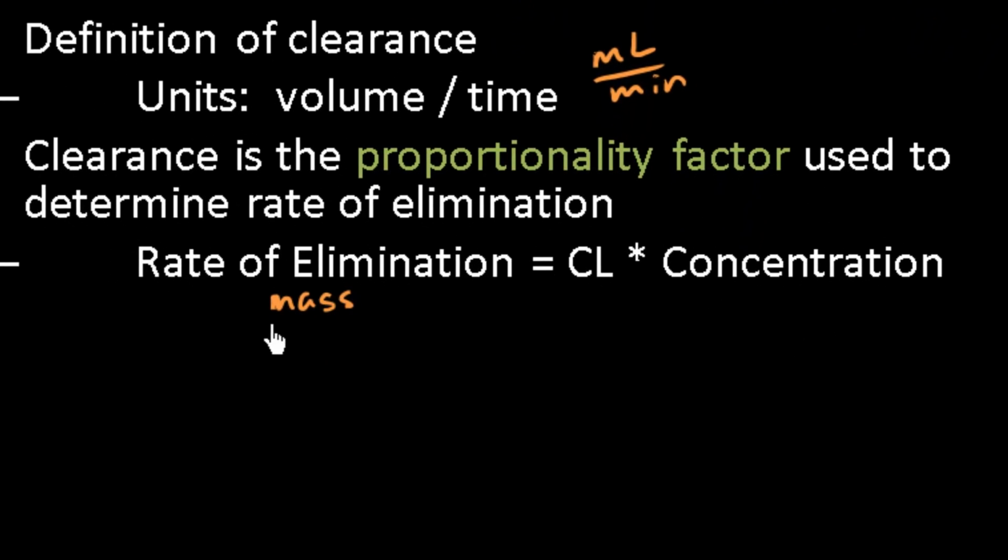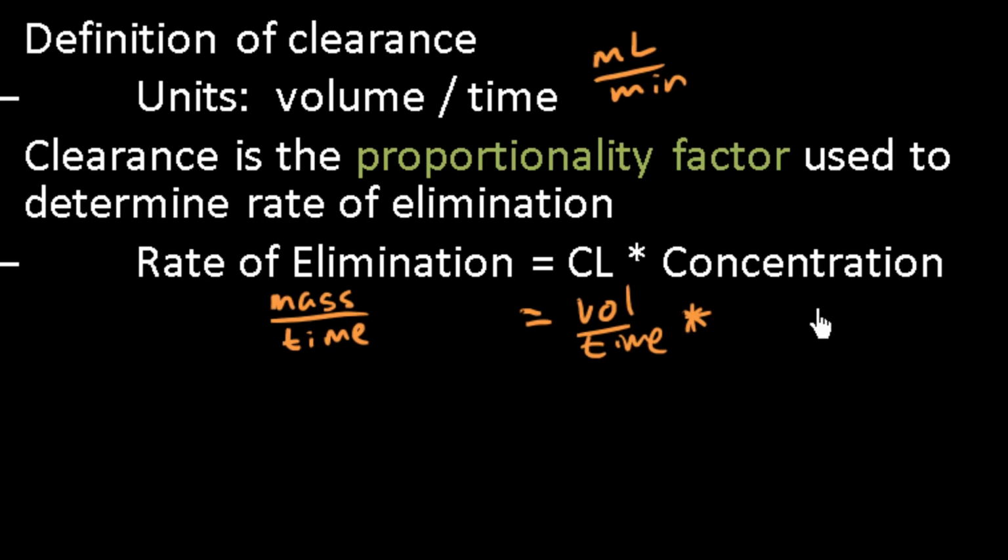So the amount of drug we can think of as the mass of the drug, the amount of milligrams of drug being eliminated per unit time, and that's going to equal the clearance, which we said is a volume per unit time, multiplied by a concentration.